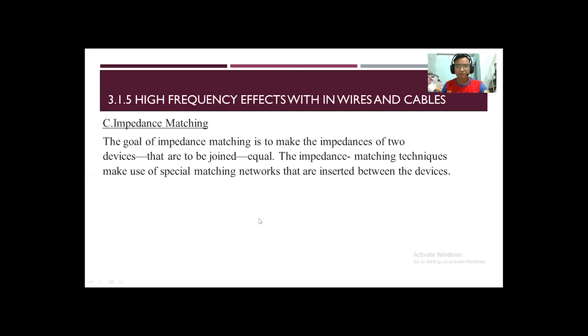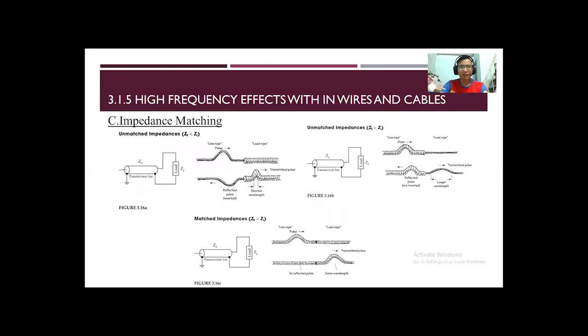The impedance of the headphone and the impedance of the laptop may be different, or maybe the same. So what if it's different and what if it's the same? We can see it here.